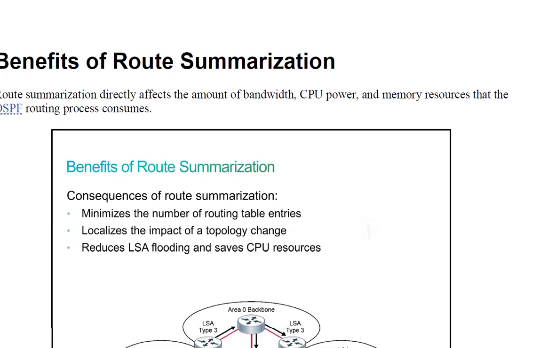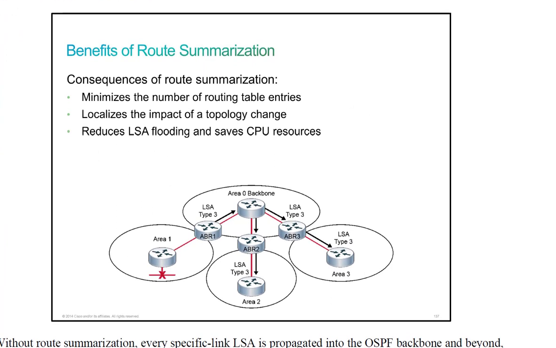Okay? So what are the benefits of route summarization? Obviously, to minimize the size of the routing table. But there's actually an additional benefit. We want to try to avoid doing shortest path first recalculations as much as possible, running Dijkstra's algorithm, trying to recalculate new paths, and so on. All right? Think about it from this perspective.